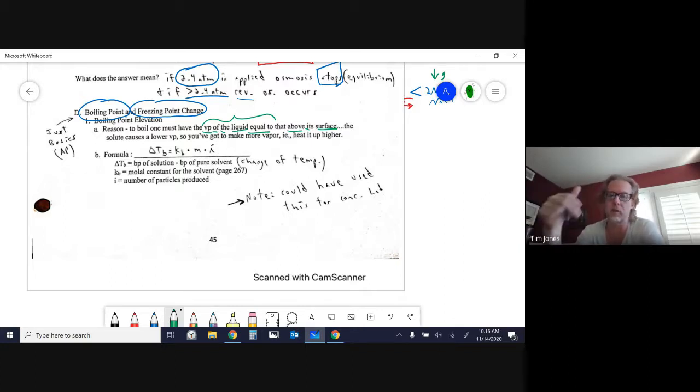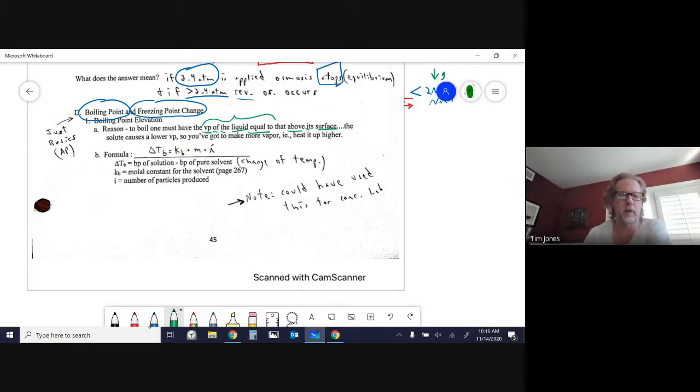So you have to heat the water up more so that you can get to this point where its vapor pressure is able to compete with the atmosphere. And that's why the vapor pressure of the liquid goes down, so you have to heat it up more, and that's why the boiling point of the solvent goes up.